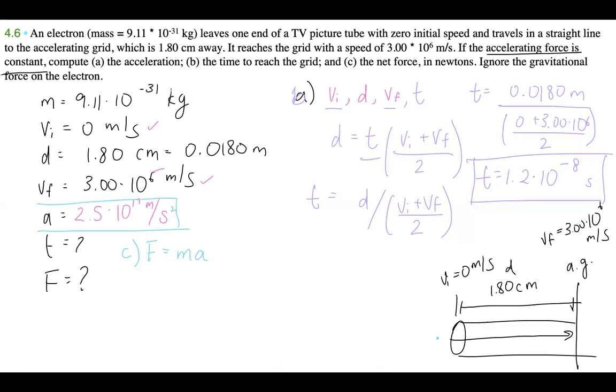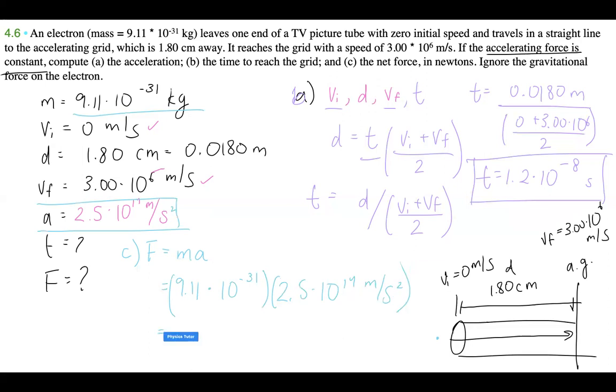The force is going to be, mass is 9.11, like we said in our givens. We're just given that. So mass times acceleration, that's something that we solved for. It's 2.5 times 10 to the 14 meters per second squared.